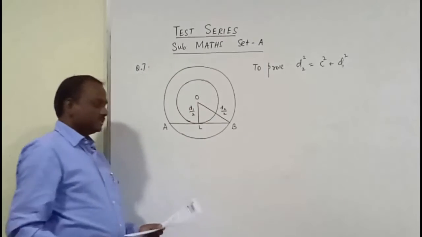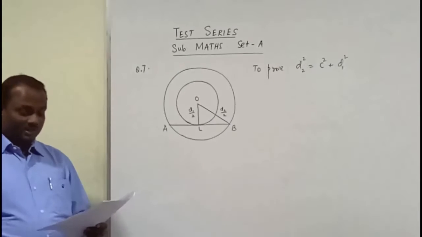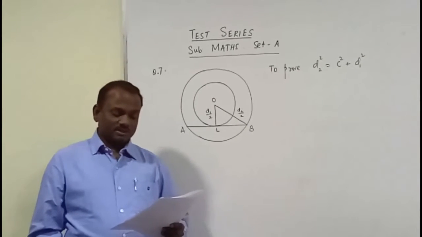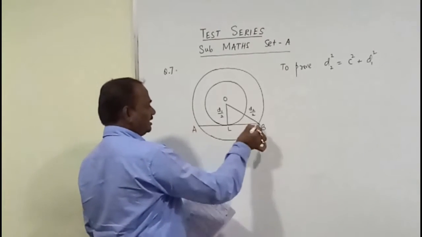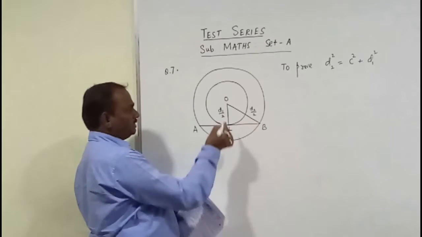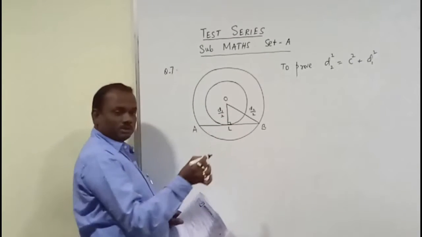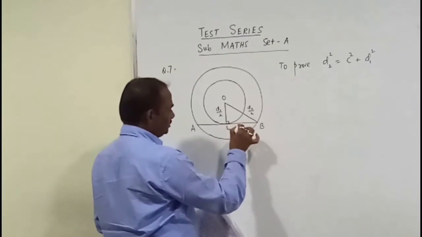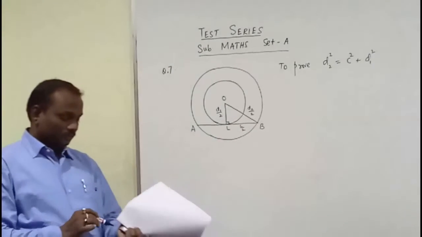As you know, the radius is the half of the diameter. It is given that d1 and d2 be the diameters of two concentric circles and c be the length of the chord. This is the chord AB, its length is c. You know students that the perpendicular from center to the chord bisects the chord, so this length will become c by 2 as this whole length is given as c.